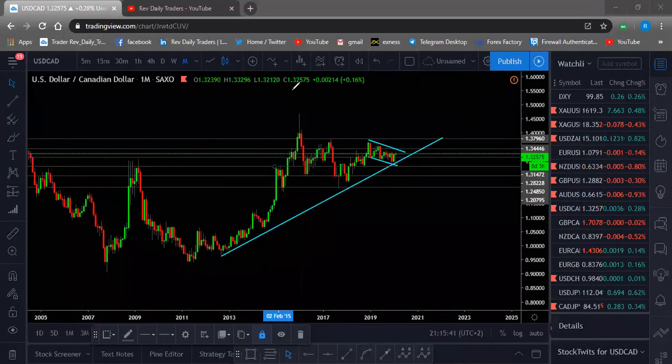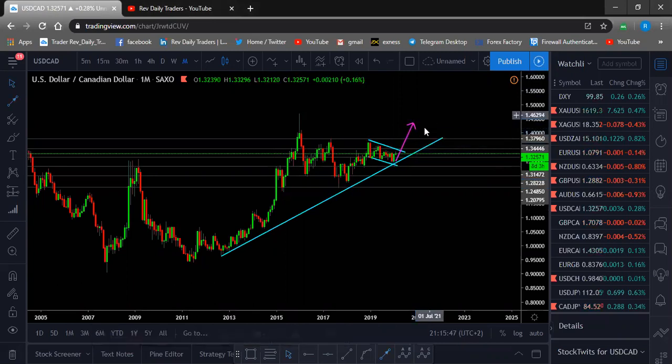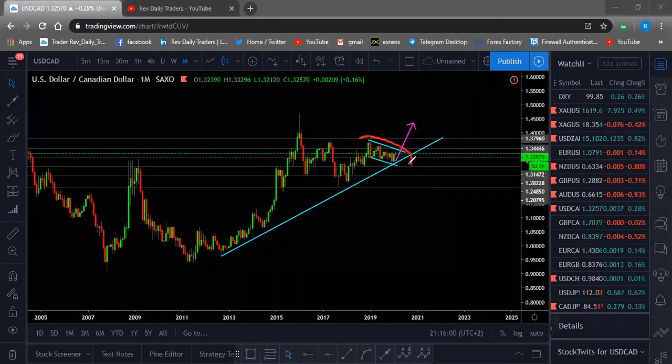Then we're going to take our direction that is going to face right there, okay? Because we are looking at an uptrend because of this correction we have.